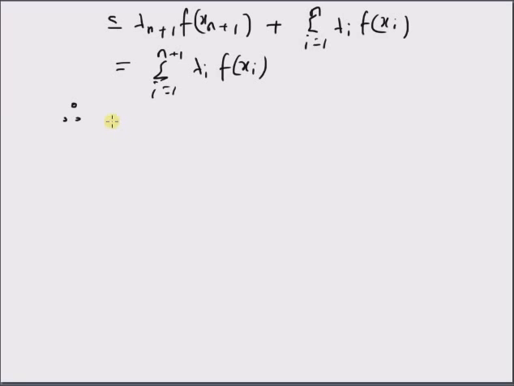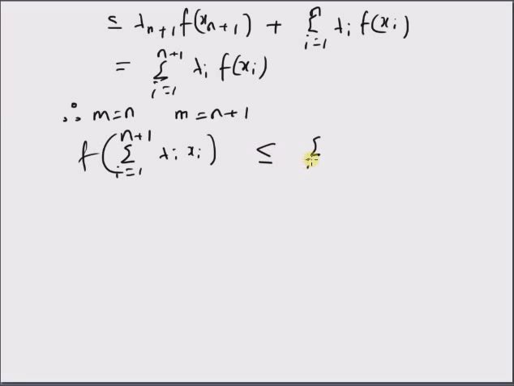Therefore, when the theorem is true for m equal to n, we also have the proof for m equal to n plus 1, that is, the function of the summation i equal to 1 to n plus 1 lambda i xi is definitely less than or equal to the summation i equal to 1 to n plus 1 lambda i f of xi.